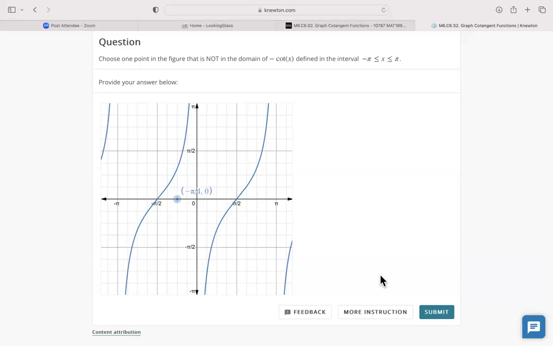All right, I'm back. So a point not in the domain is like at 0. You can drag it over to the 0. Yeah, right there.